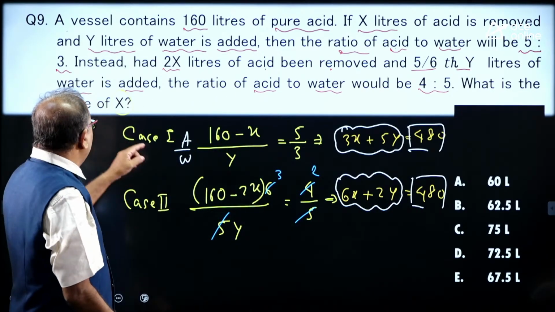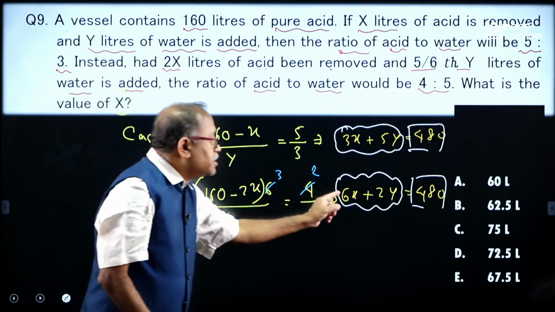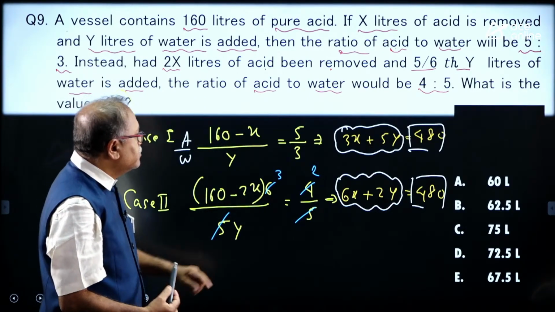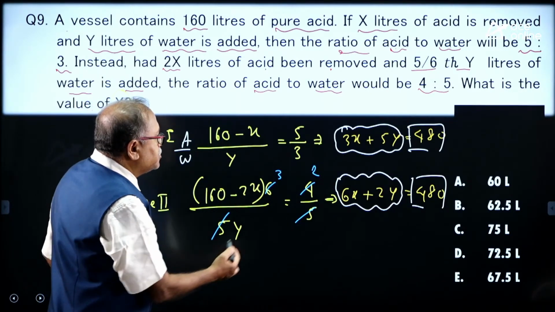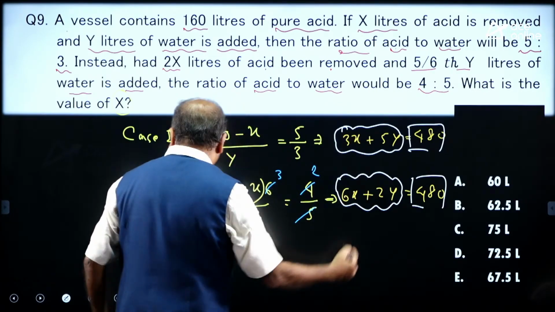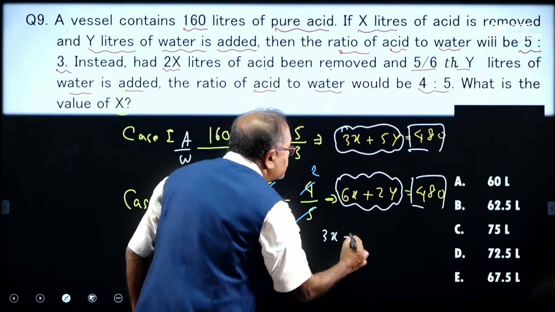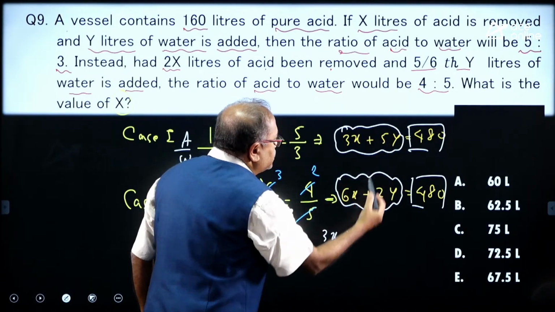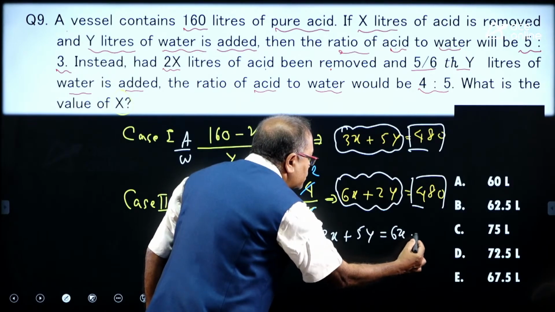So, what is your requirement? The value of x liter. We can get the x by using the equation. Find it out, 3x plus 5y is equal to 6x plus 2y. So, the difference is 3x plus 5y is equal to 6x plus 2y.